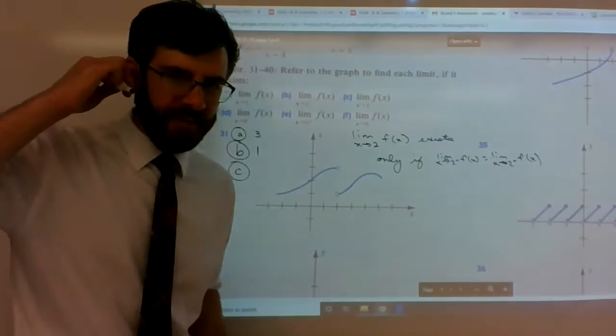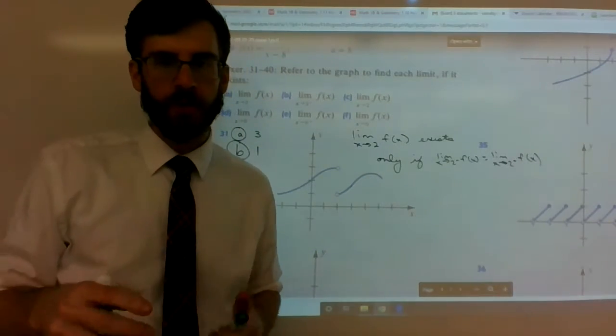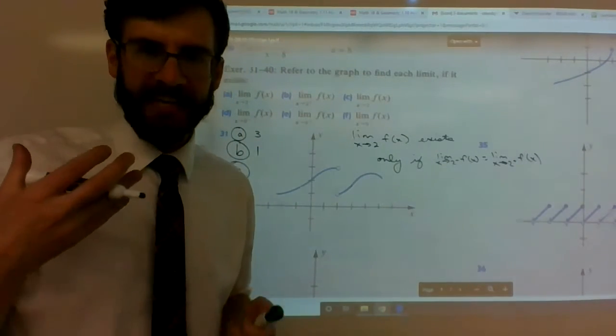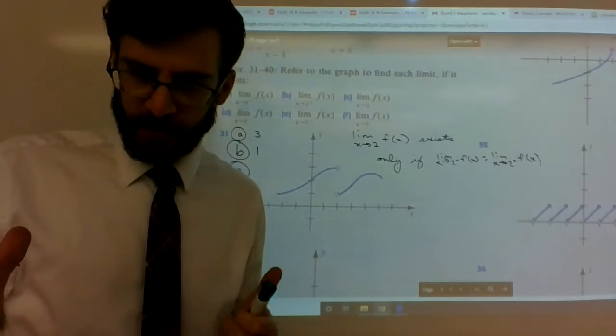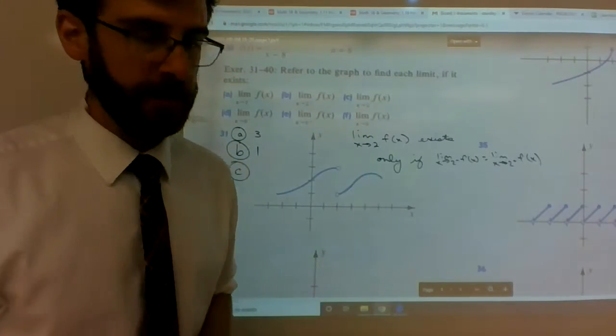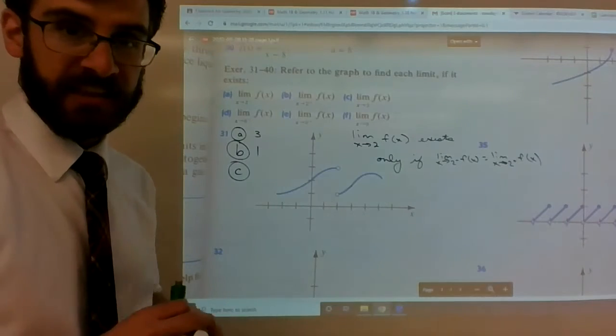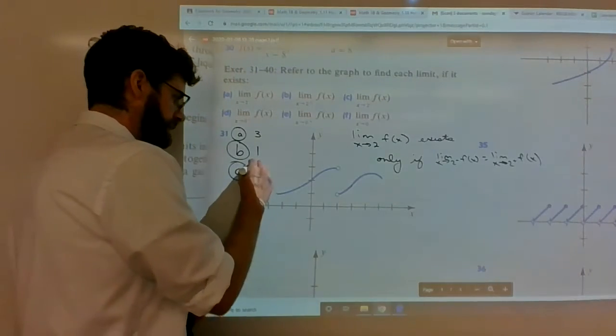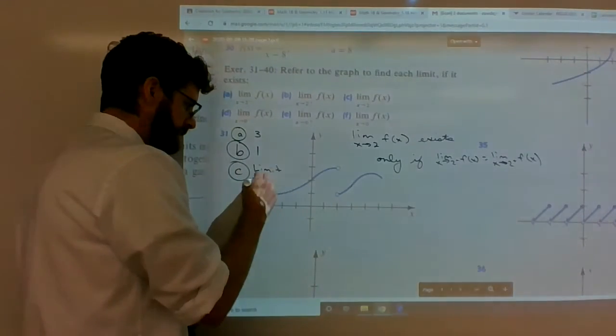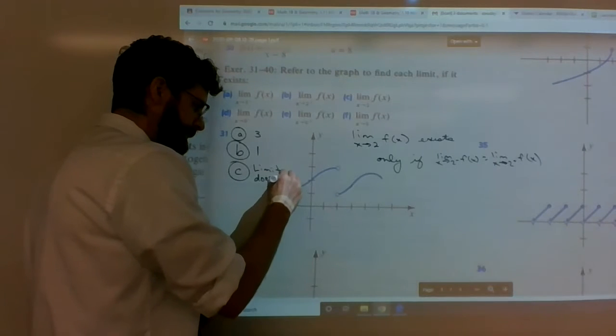So you can only have the existence of a limit if the left limit equals the right limit. Since they don't, you would have to say the limit does not exist.